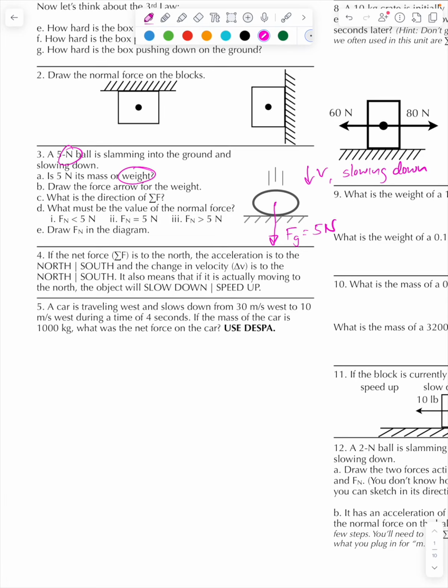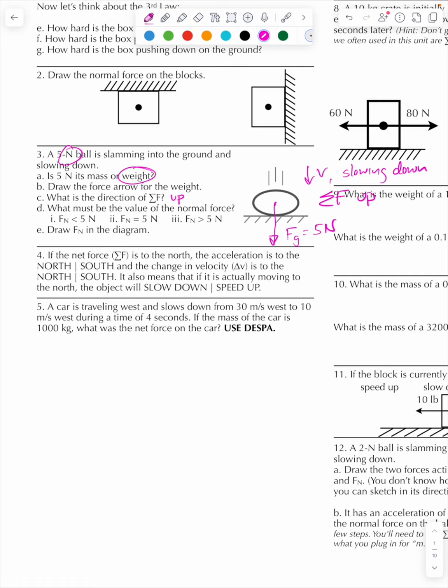It's going to be compressed before it springs back up off the ground. It's moving downwards and it's slowing down. So which way must the net force be on it? The net force must be up, right? That makes sense? So if something is moving down and slowing down, the net force must be up. And so that's the answer to this one.